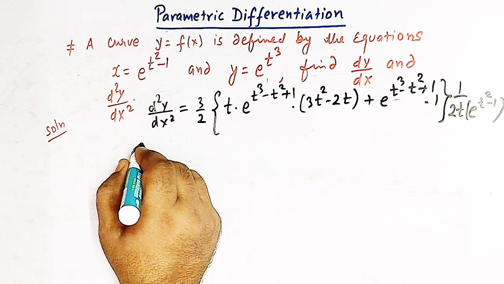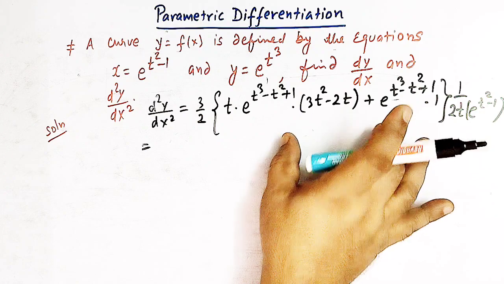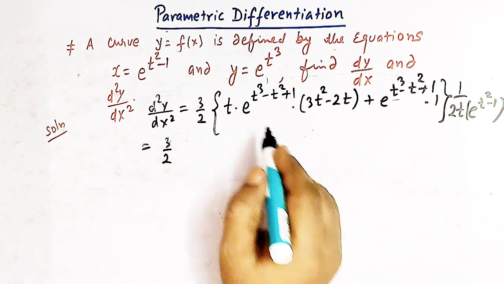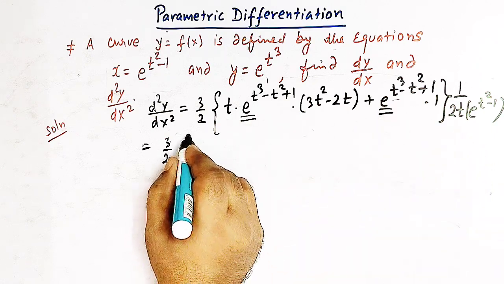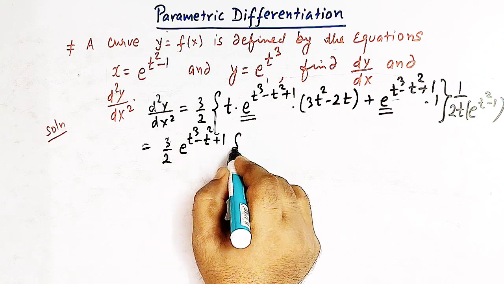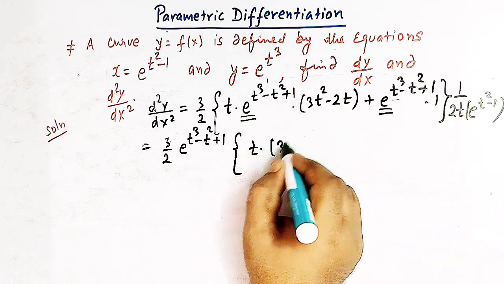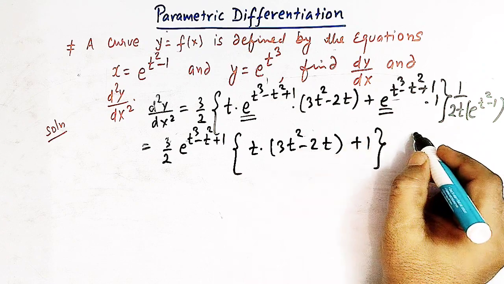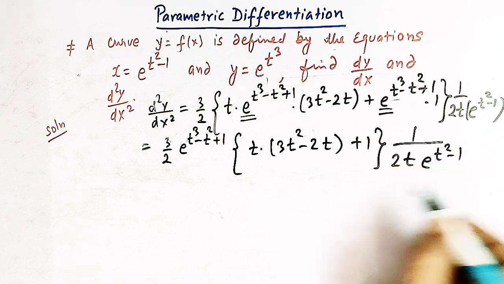So now we have to simply reduce this expression into a simple form. So we have 3 by 2. We can take this factor common. So we have e raised to t cube minus t square plus 1, and in the brackets we have t times 3t square minus 2t plus 1, and here we have 1 over 2t e raised to t square minus 1.